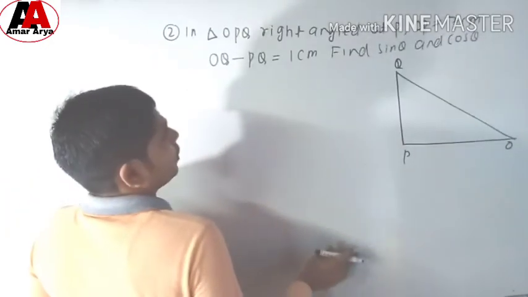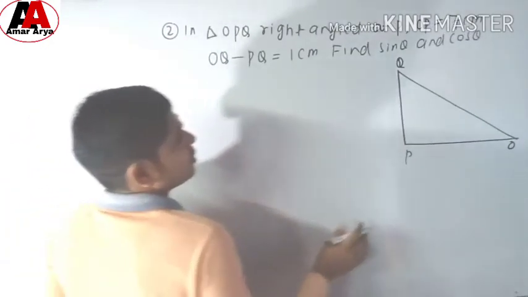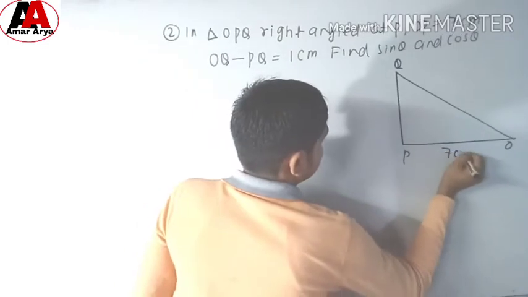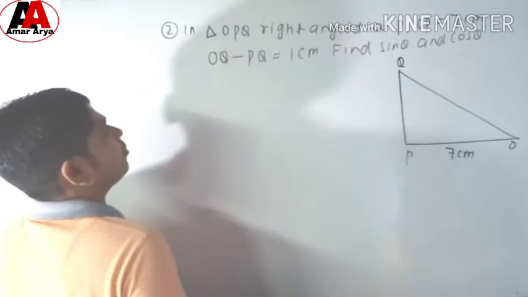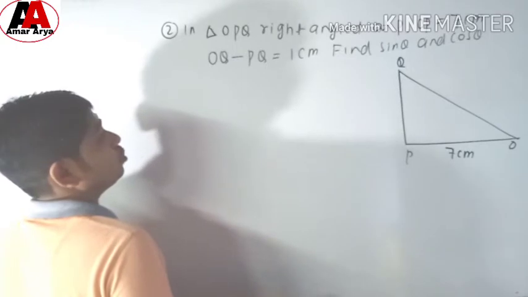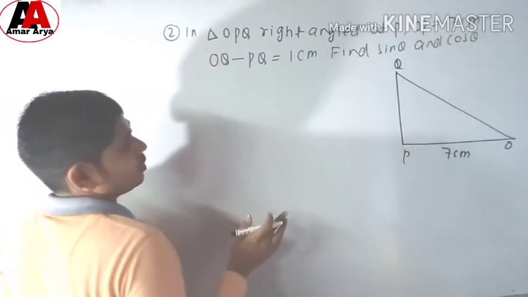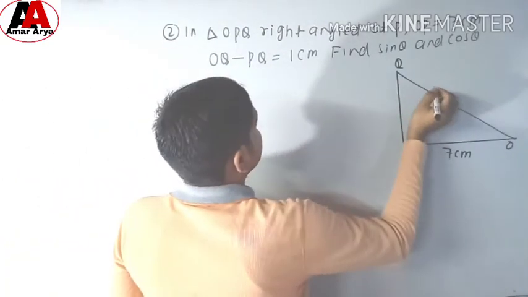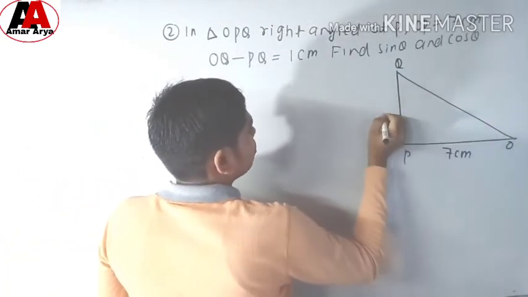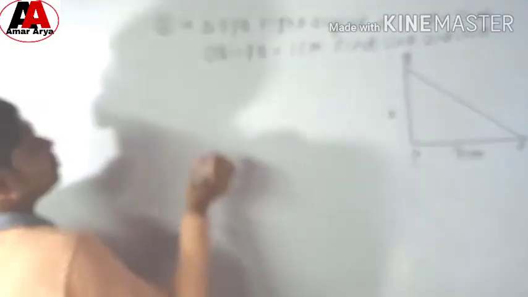So first of all we can put the value of OP, here is the 7 centimeter, and after that we can write here OQ minus PQ. So OQ minus PQ, please check here, OQ minus PQ is 1 centimeter. So first of all we can take PQ equals x. Okay, we can take PQ equals x.